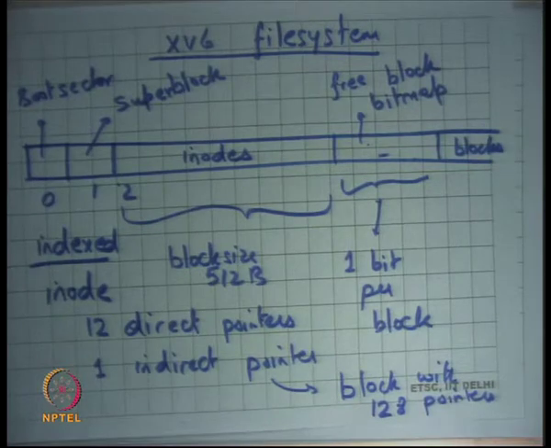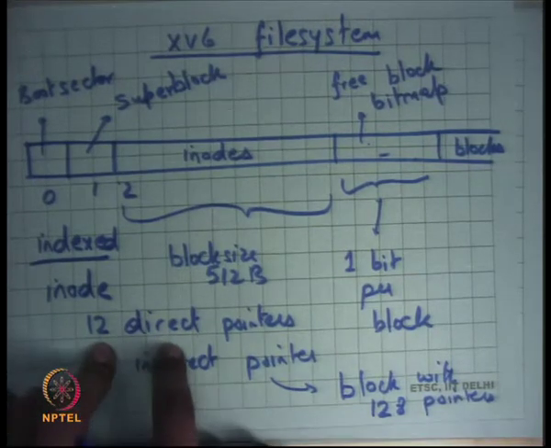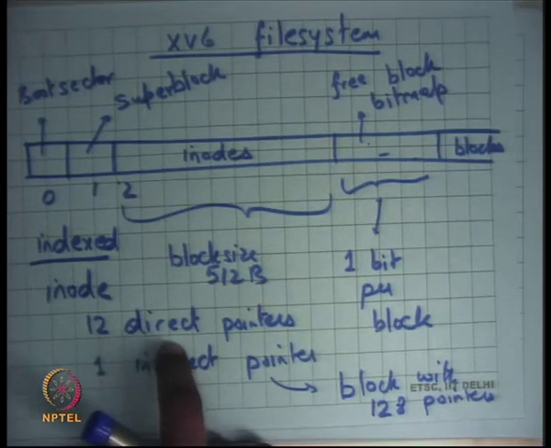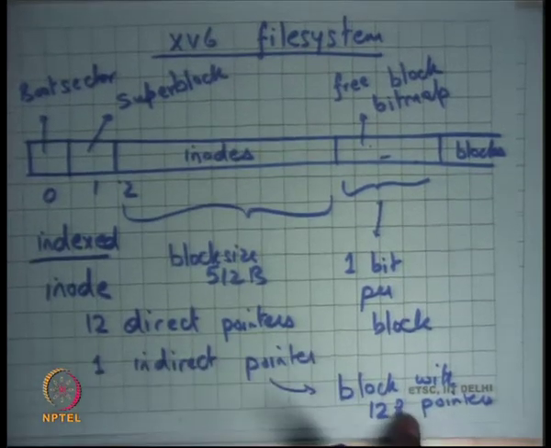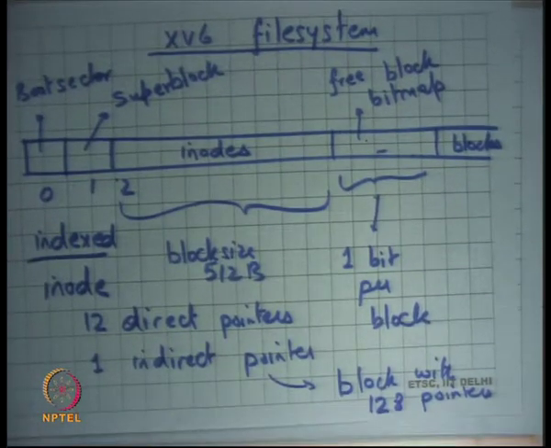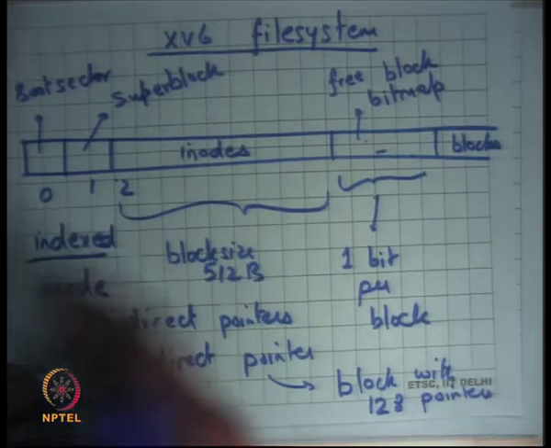Okay. Notice that the inode itself has only 12 plus 1, 13 pointers, whereas the indirect block can have more pointers. Why? Well, the inode also has extra information to store, like what the permissions are, who owns it, or what the last modified timestamp is, and other things, right? So that takes up some space.